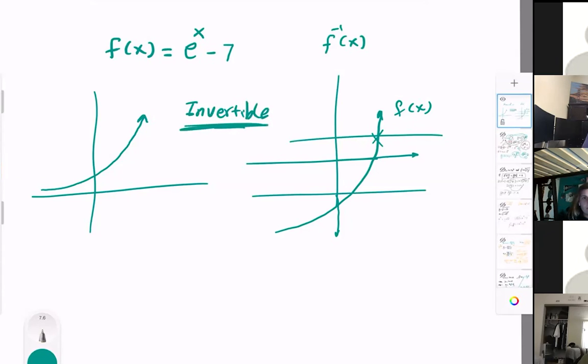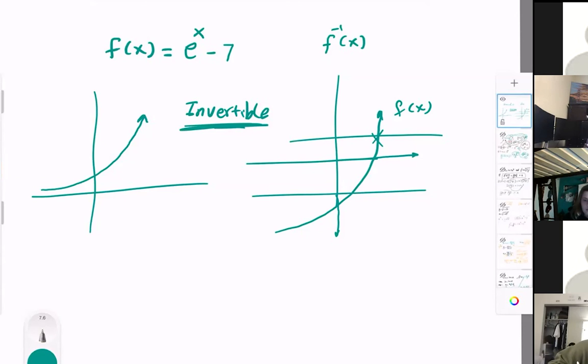So what is the inverse of this? Can you guys find it? Is it ln 7x?